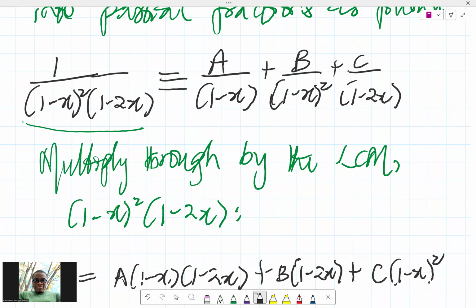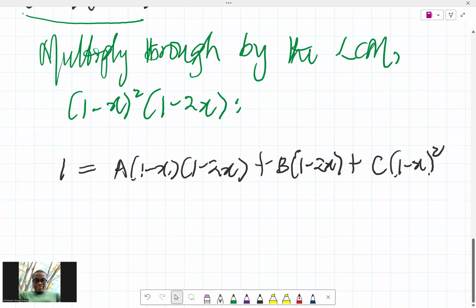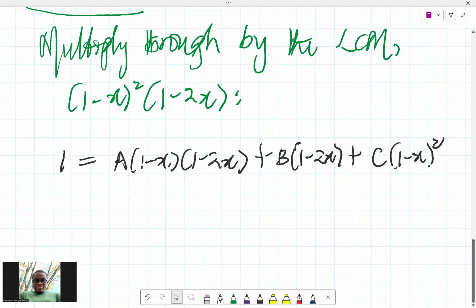Then we can use what is called the cover-up method for easy solution of all these terms. The other option is to expand everything and collect like terms, but I think that's going to waste time.